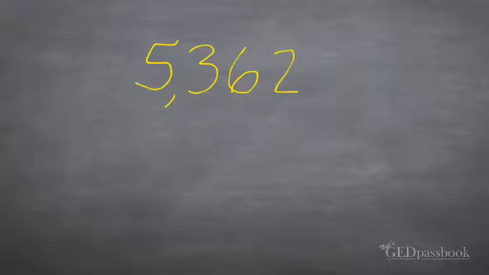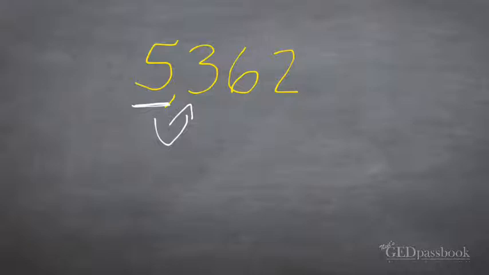Same number, except this time, I want you to round to the nearest thousand. So tell me, what's the thousands place? 5. Just like before, you're going to do this all the time. Look to its right.